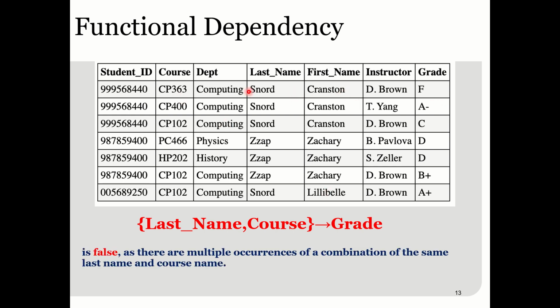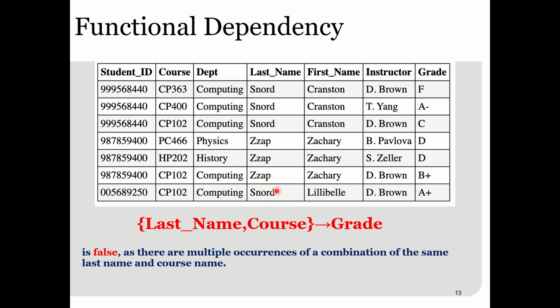Say I take SNORD, CP363, F; SNORD and CP400, A minus; SNORD, and this one is C; and here you have another SNORD and CP102, it is A plus. Is this relation true or false? That is my question. So this does not determine the grade.